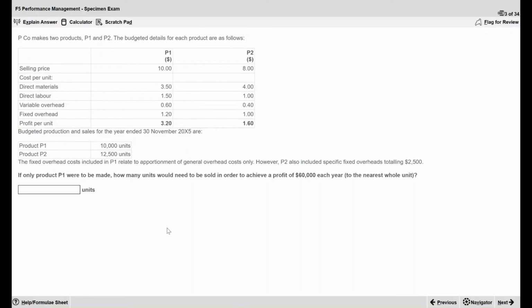The general would not be relevant because that is not affected by our decision, but the specific 2,500 cost would be relevant. If we don't make product P2, the recommendation here is that if we make product P1 only, that means we are not incurring the 2,500 fixed cost, which is related to this other product.